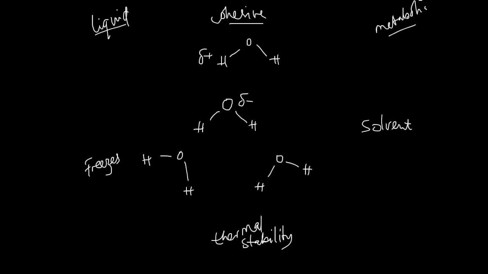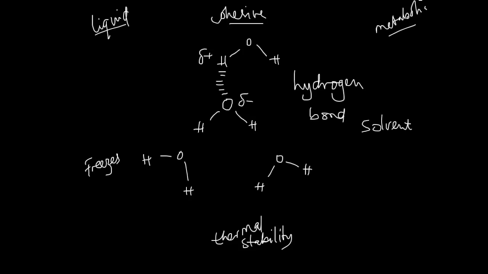In the same way, the slight positive charges of the hydrogens of these molecules will attract the slight negative charges of the oxygens on other molecules. And what that means is each molecule is attracted to another molecule by means of a hydrogen bond.